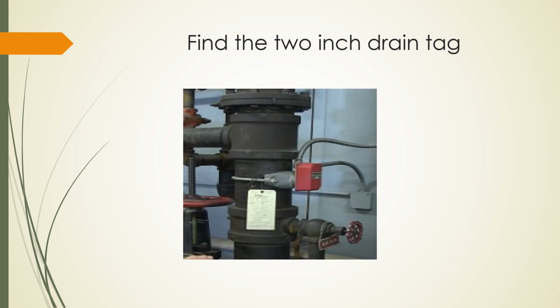We are going to focus on conducting a 2-inch drain test for our estimated water supply. To start that off, we need to obtain some pressures, a no flow pressure and a flow pressure. And on the riser will be a tag, or there may be some paperwork in maybe a plastic holder.